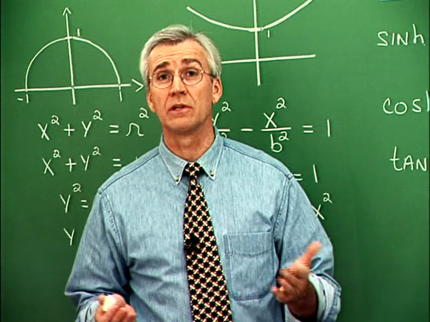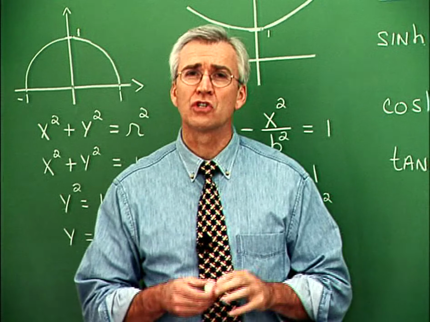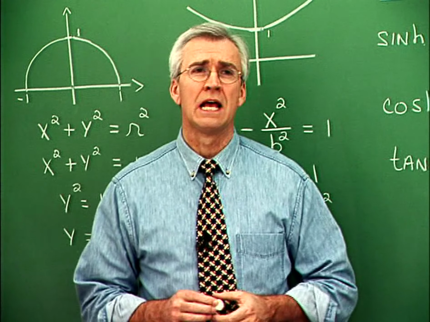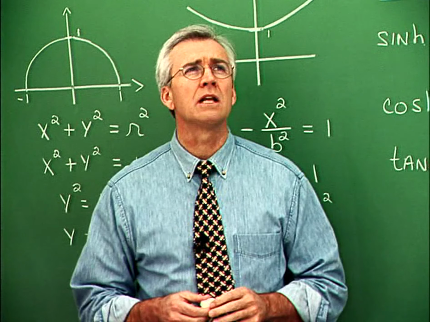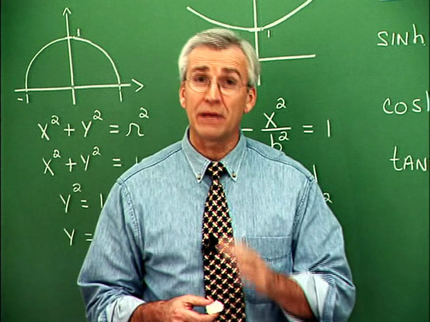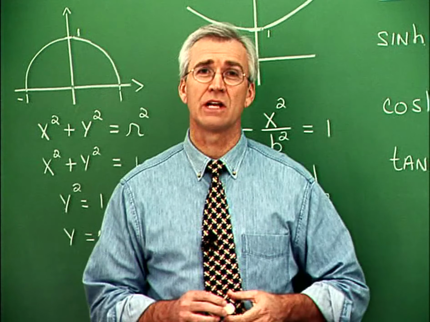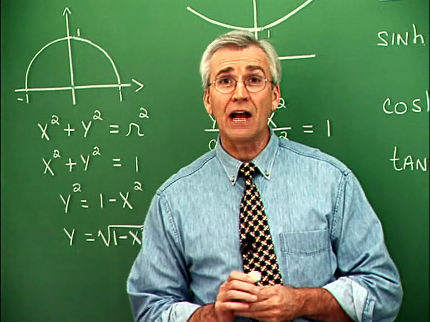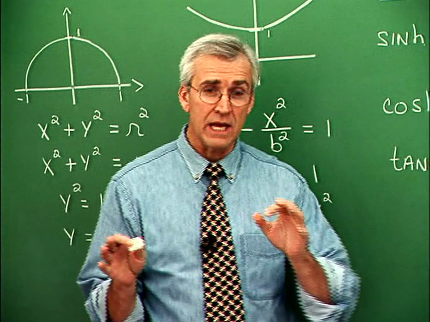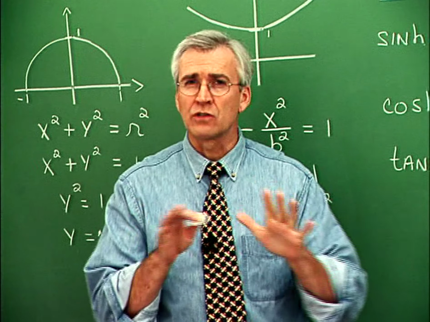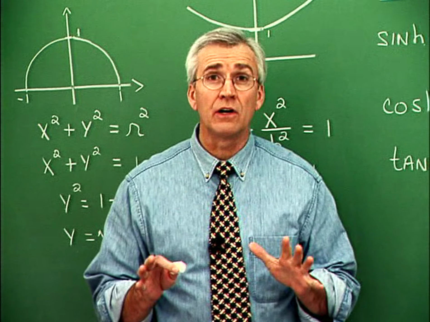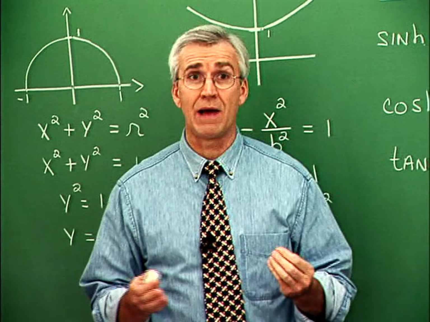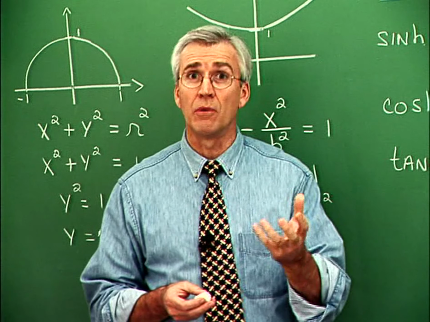They were actually developed in the 1700s by a Swiss-German mathematician named Johann Heinrich Lambert, and a picture of Mr. Lambert is in your textbook. And actually he derived his formulation of hyperbolic functions from three other mathematicians: Cotes, de Moivre, and Euler.